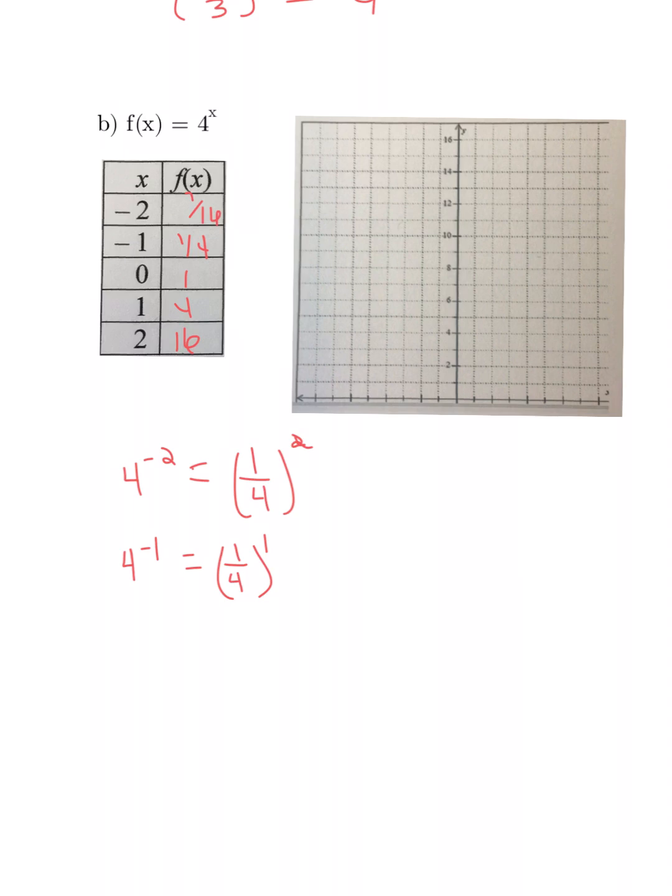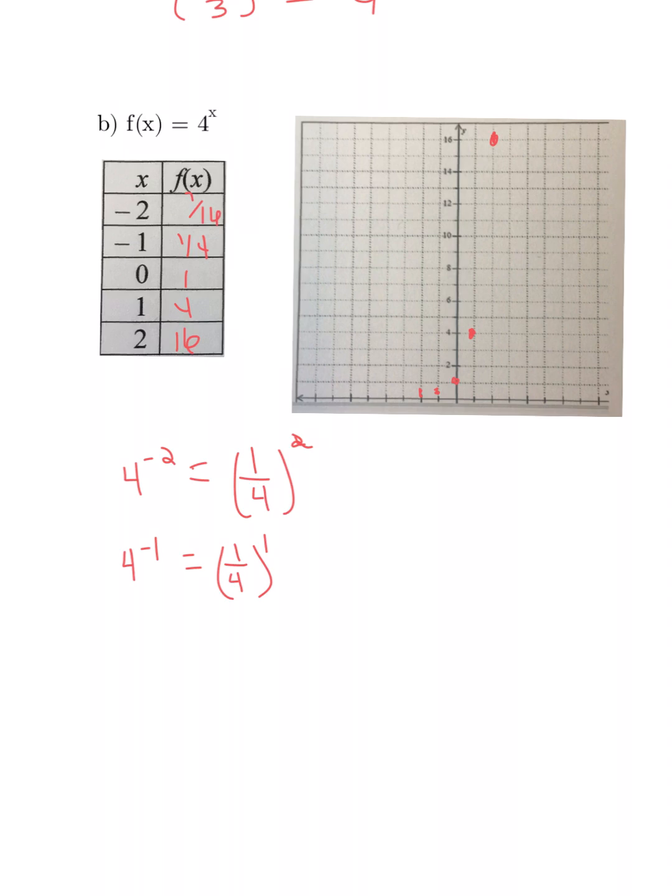So at -2, we are at 1/16. So we are very, very close to the x-axis again. At -1, we are at 1/4. At 0, 1, at 1, 4, and at 2, 16.